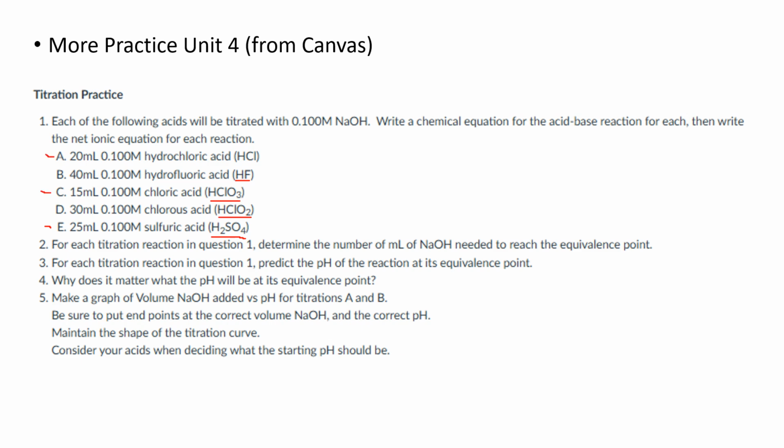When we titrate a weak acid, so B or D, with a strong base, we will end up with a basic equivalence point. So even though our acid and our base have equal volumes and we have completed our reaction, because we will have some leftover conjugate base of those weak acids, that conjugate base can literally pull hydrogen atoms or protons off of water, creating a slightly basic environment.